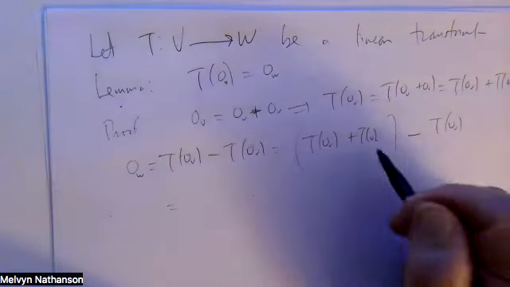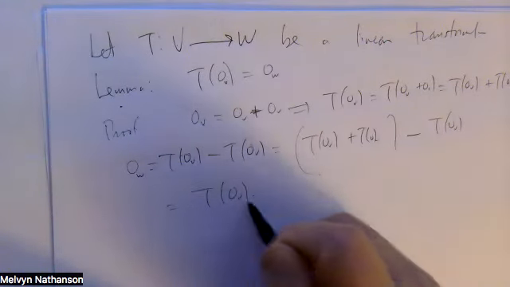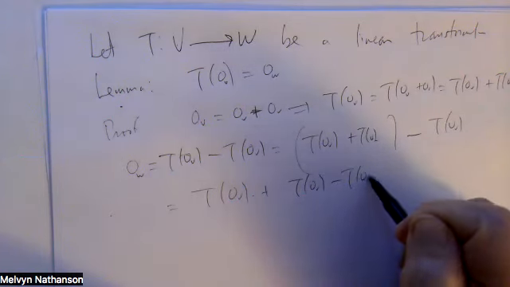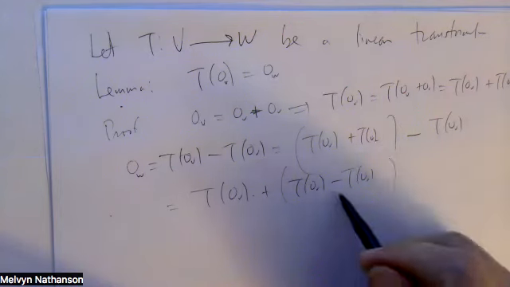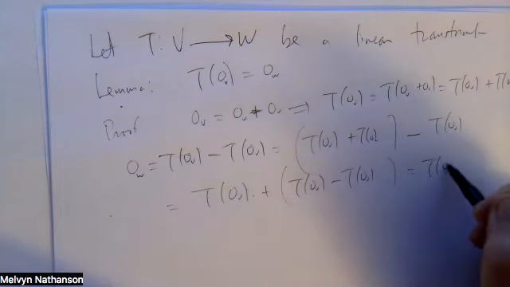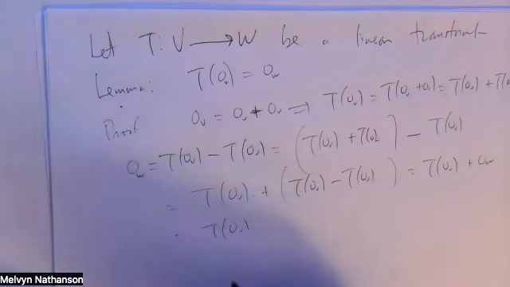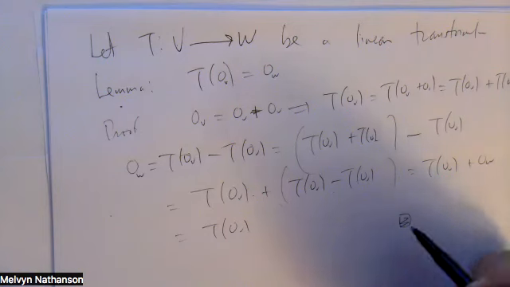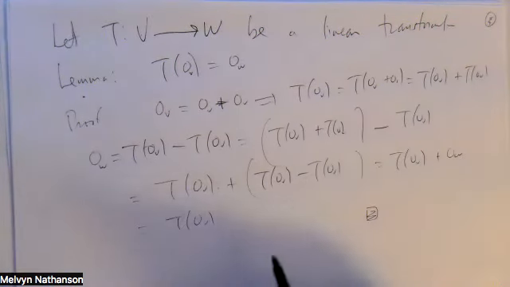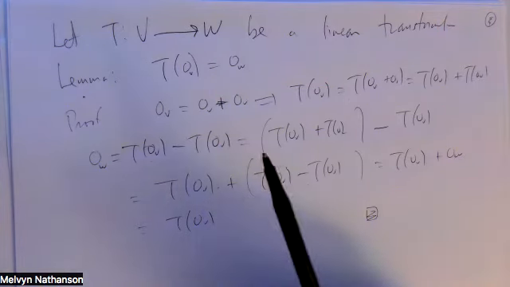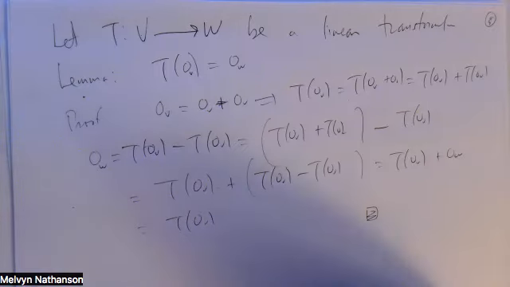And by associativity, that's T of the 0 vector plus T of the 0 vector minus T of the 0 vector. But this is just 0. This is T of the 0 vector plus the 0 vector in W, which is T of the 0 vector in V. So that long equation is the proof of the statement that a linear transformation always sends the 0 vector to the 0 vector.